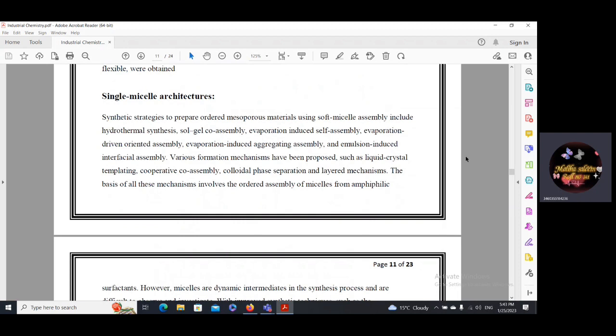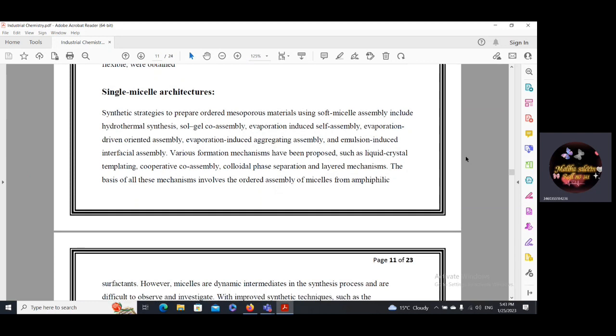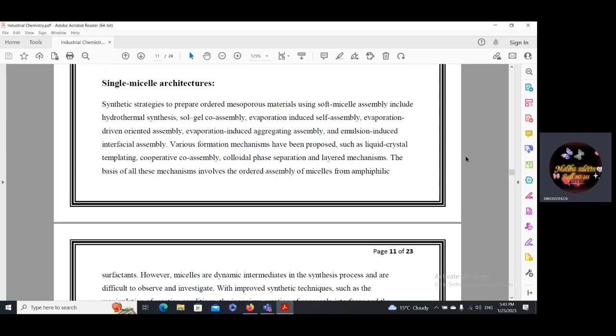Then we discussed single micelle architectures. What is single micelle architecture? And we also discussed the manufacturing and fabrication of the single micelle architectures. Synthetic strategies to prepare ordered mesoporous materials using soft micelle assembly include hydrothermal synthesis, sol-gel co-assembly, evaporation induced self-assembly, evaporation oriented assembly, evaporation induced aggregation assembly, and immersion induced interfacial assembly.